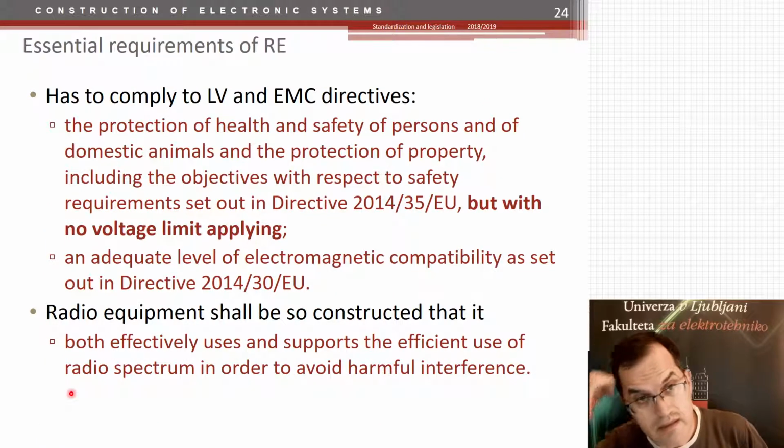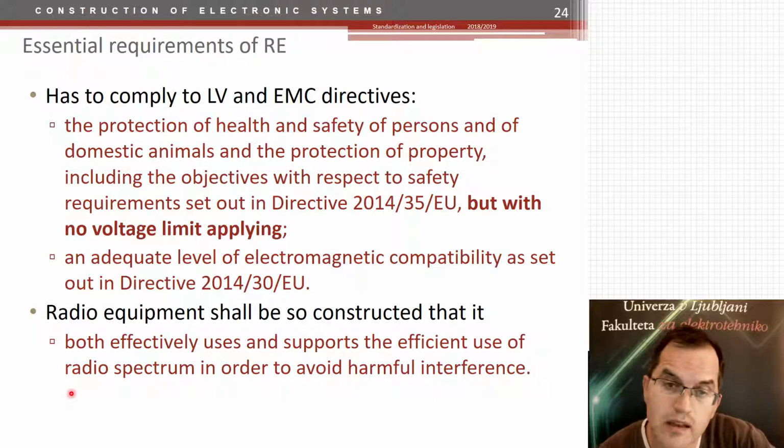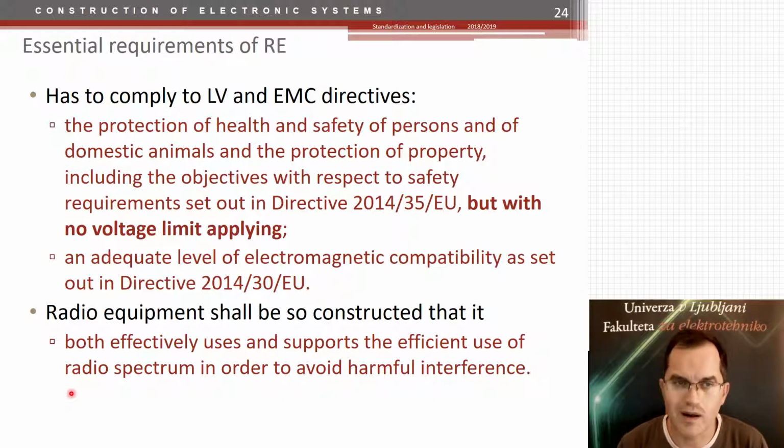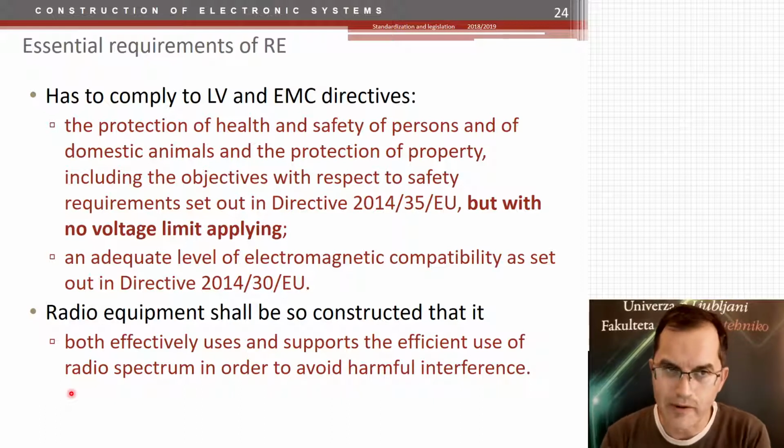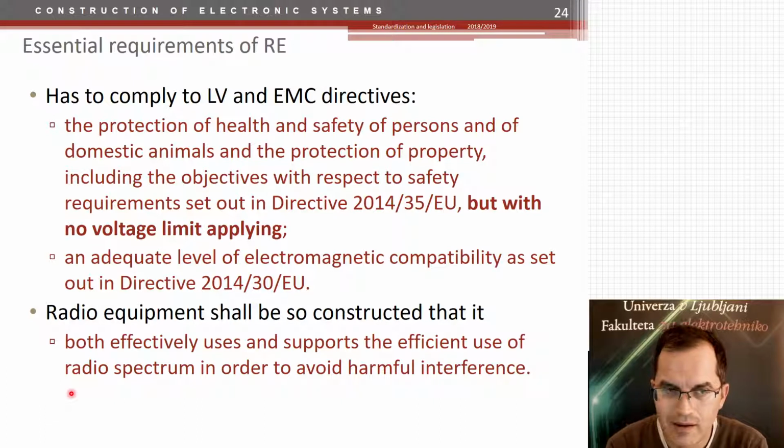Essential requirements are that it also has to comply with low voltage and EMC. Wow! Now everything that has a radio receiver or transmitter also has to be safe in every aspect. So it has to comply with low voltage and also EMC.